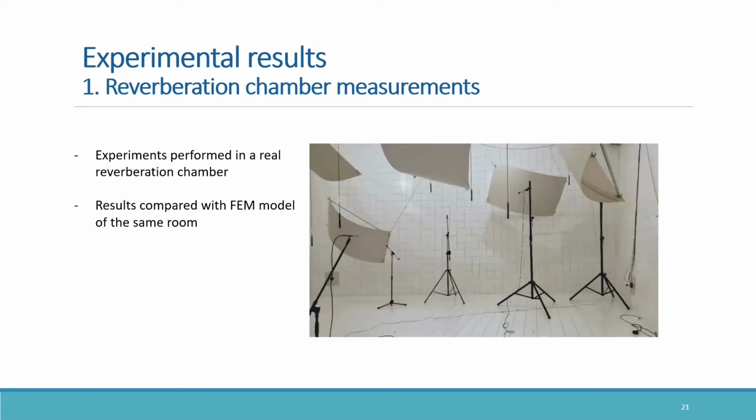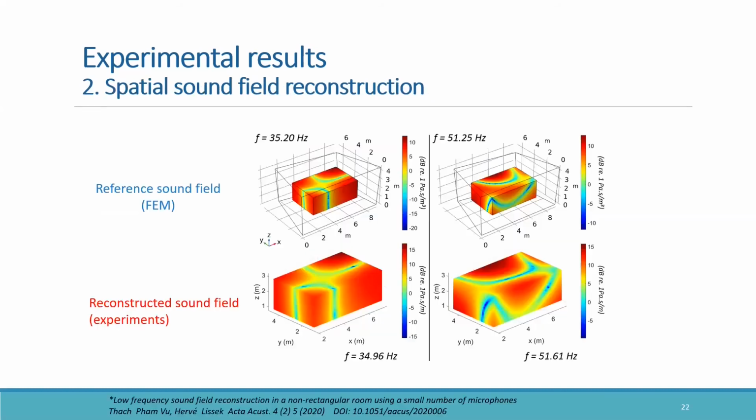After confirming the accuracy and the robustness of the framework, we then tested it using real experiments in an actual reverberation chamber within our facility, which our FEM model was based on. The reconstruction results can then be compared with the ones from our numerical studies. In this slide, we show the comparison between the reconstructed sound field and the numerical results at 2 different eigenmodes of the room.